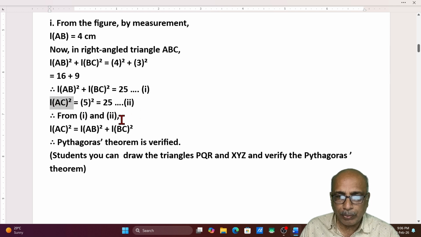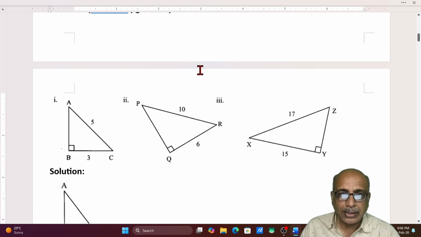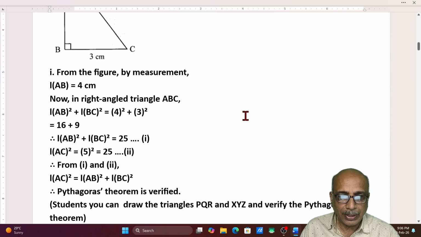From equations 1 and 2 we say, therefore by Pythagoras theorem it is verified. As I said, students, you can draw the triangles PQR and XYZ and verify the Pythagoras theorem, that is example numbers 2nd and 3rd, by yourself. I am sure this point is very clear to you.